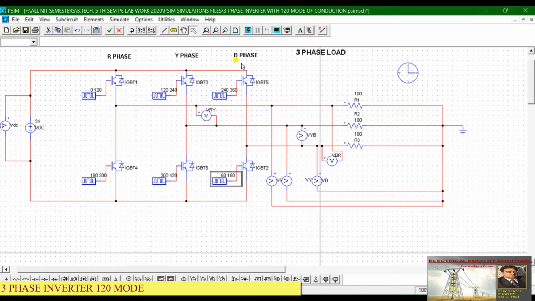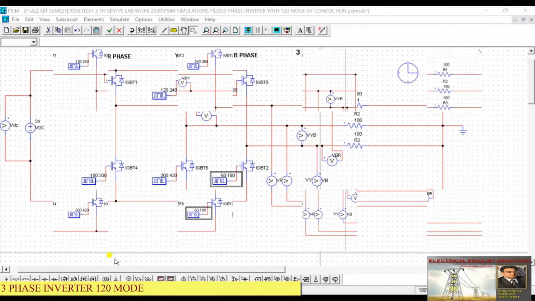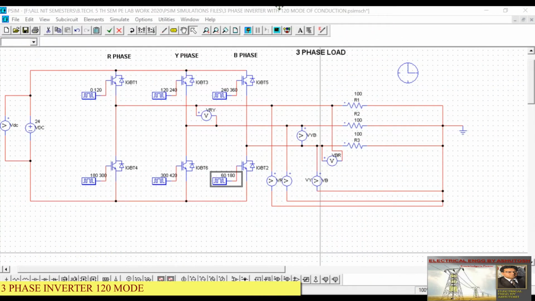Okay guys, so let's start with how this three-phase inverter 120-degree mode works. What is a three-phase inverter? We all know about inverters. It is a device which converts DC into AC, and in our earlier classes we have learned about different types of inverters.